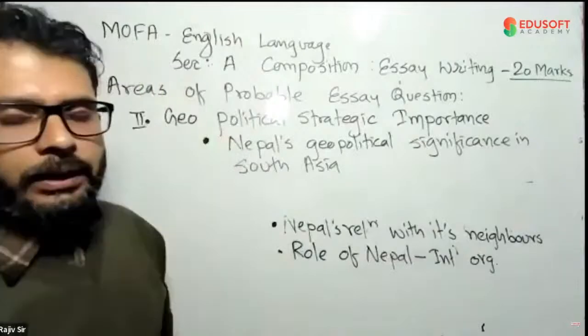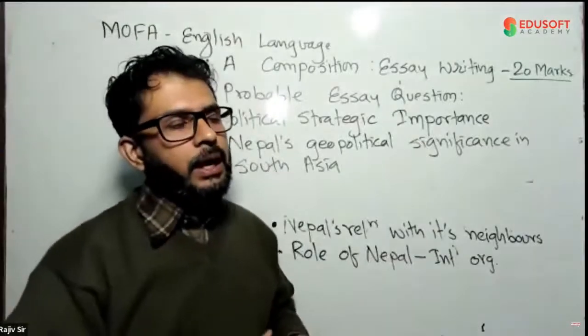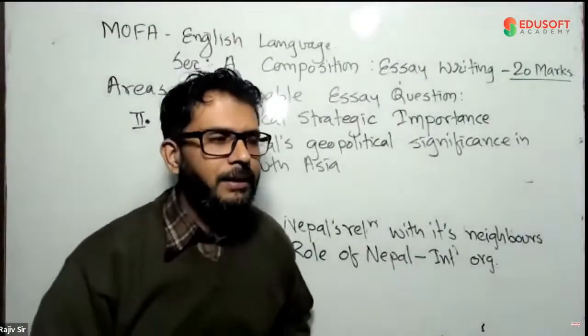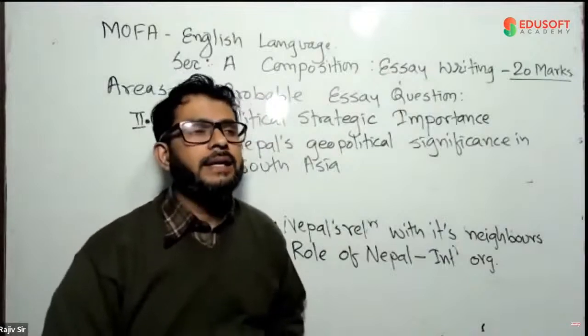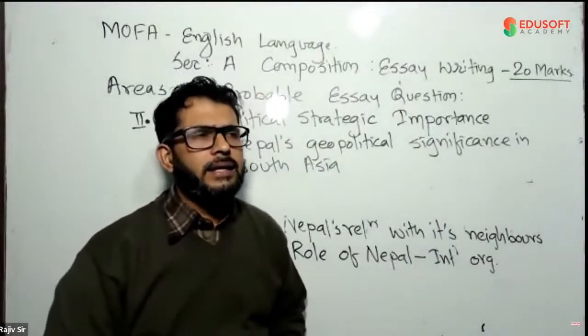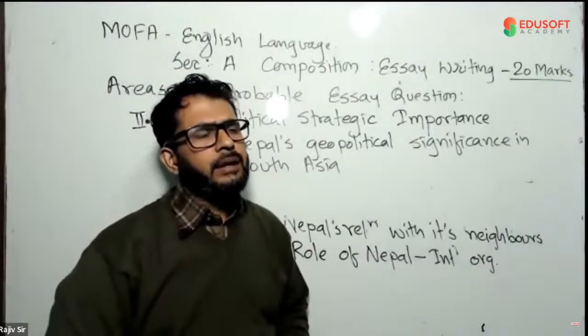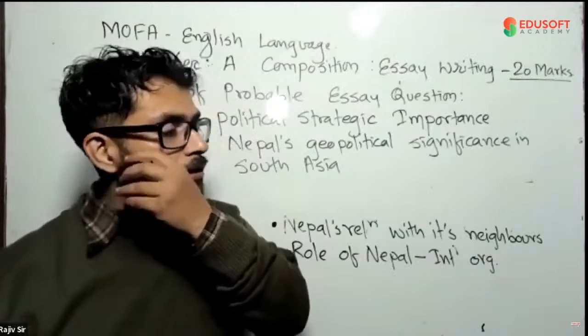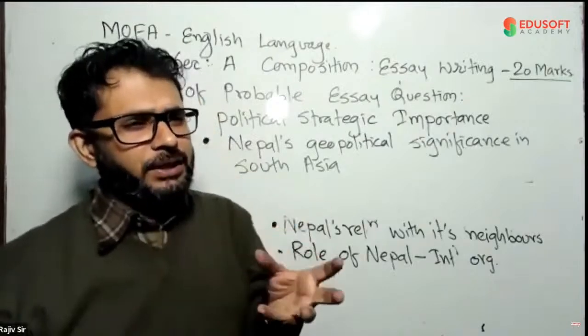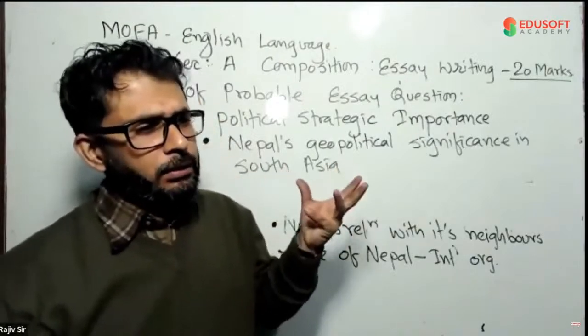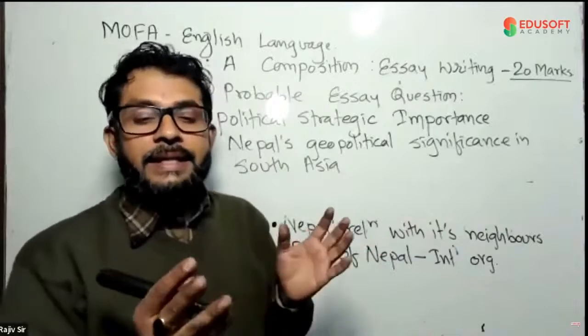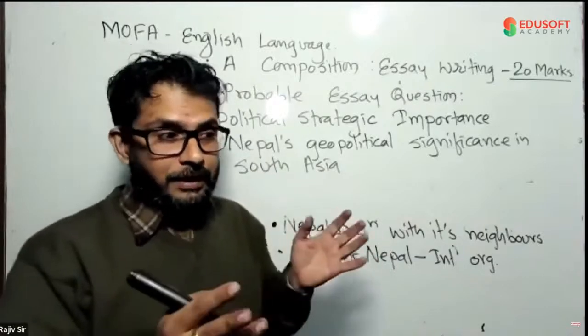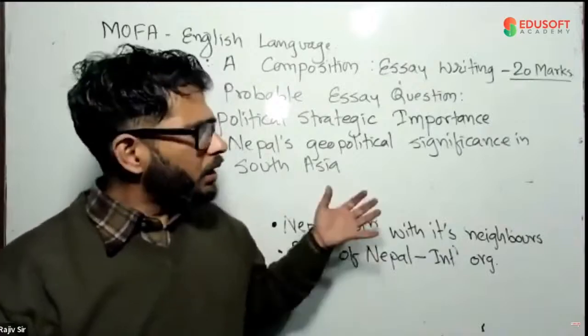Nepal is located between India and China. Prithvi Narayan Shah had already said that Nepal is a country trapped between two giant countries, a yam between two rocks. Now we call it a sandwich.